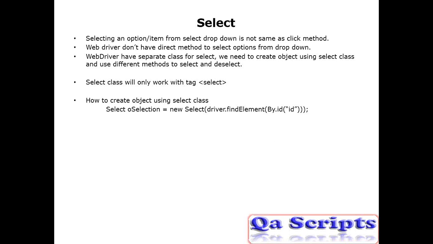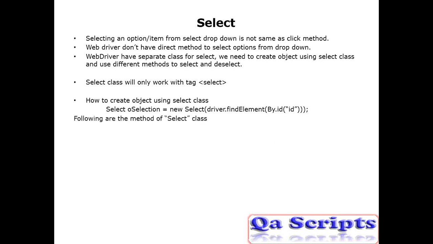It may be using ID or XPath. So here I am giving syntax saying driver dot findElement By dot ID. As I was telling, the element can be identified by ID, by XPath or whatever. So you have to give that element locator here as a parameter to the Select command.